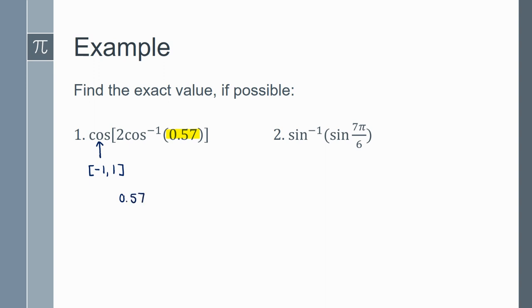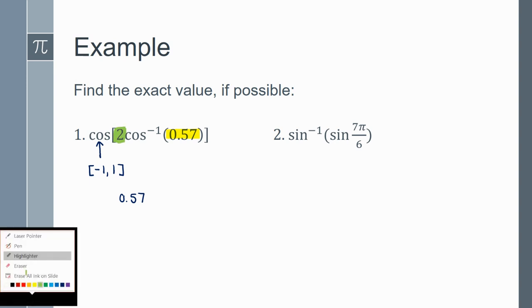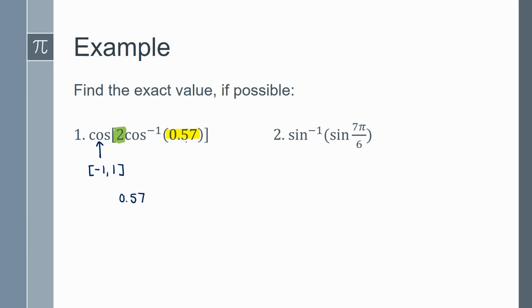The only thing that's a little bit different about this problem is that this time there's this extra number here. There's 2 times the cosine. So once I've recognized that 0.57 falls within the interval, that's only half of my answer. Because the 2 is being multiplied, I have to finish this problem by multiplying by 2.